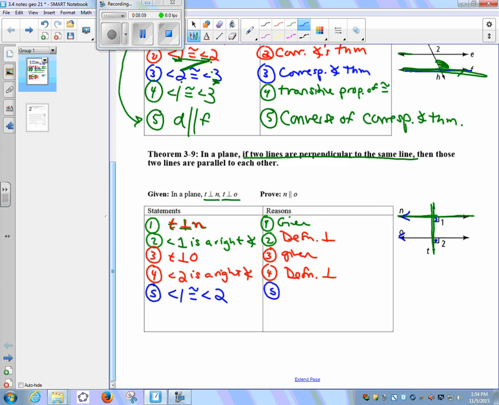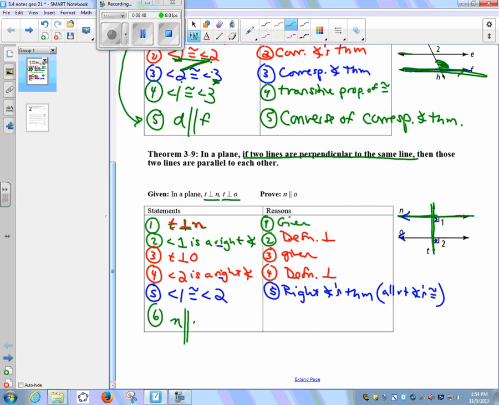I am ready to say this because they're both right angles and we learned the right angles theorem. The right angles theorem said all right angles are congruent, or if two angles are right angles, then they are congruent. So the right angles theorem allows me to say if I have two right angles, they're congruent to each other. All right, so now I'm ready for my last step.